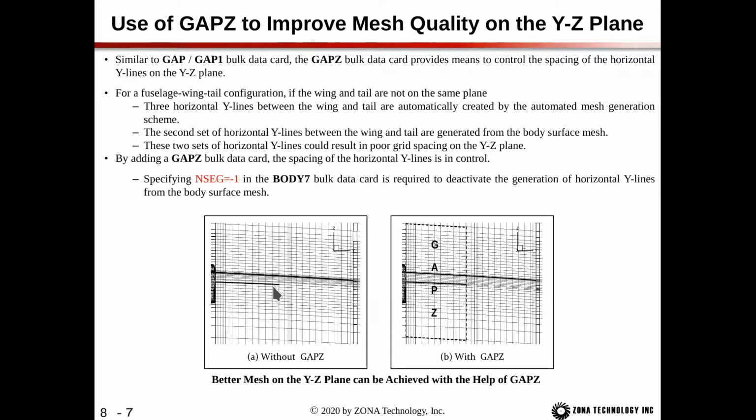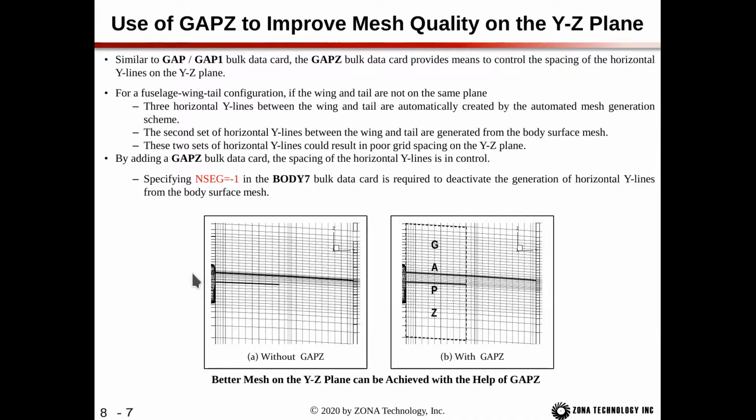So above and below the tail, we have some lines being generated, and then above and below the wing, we have lines being generated. Meanwhile, we have lines from the fuselage being generated, and you can see once we combine all of these sources, we get a poor spacing of lines.